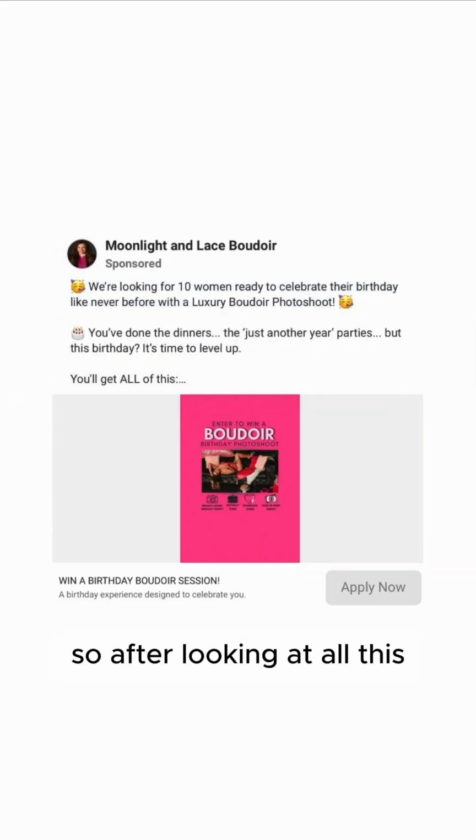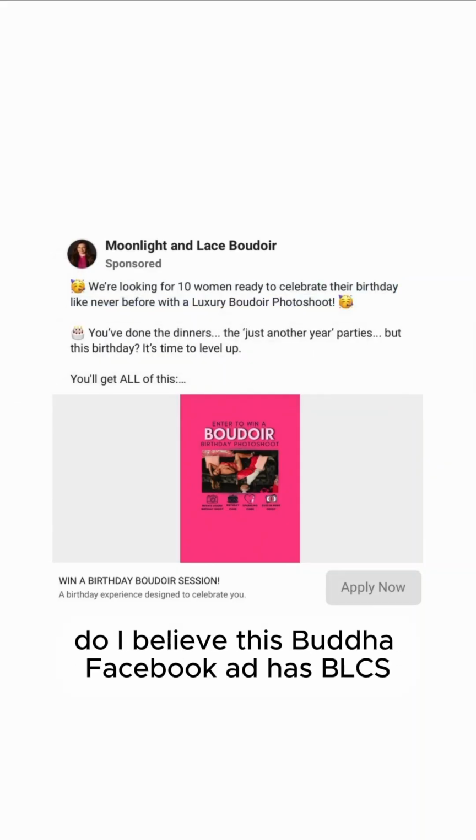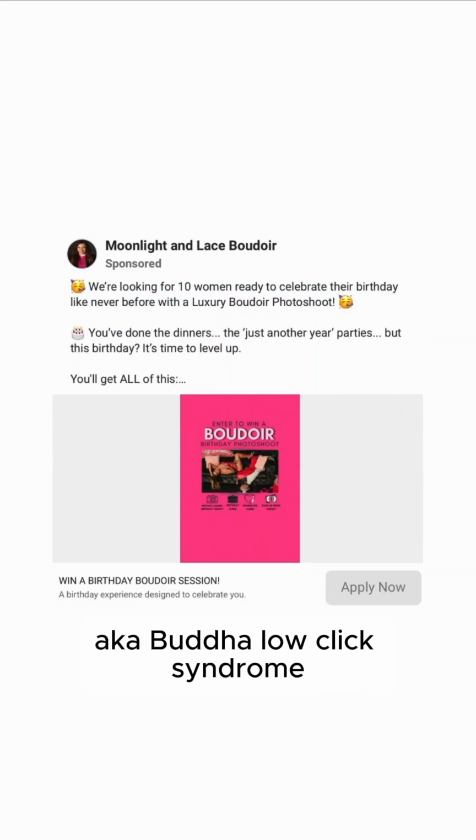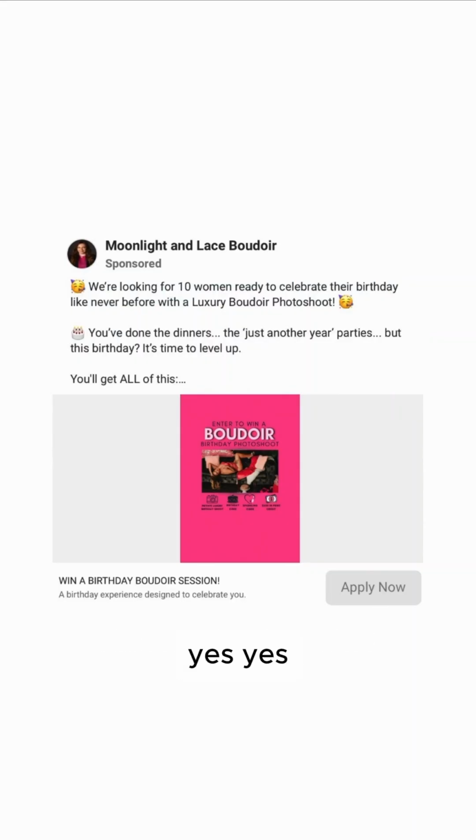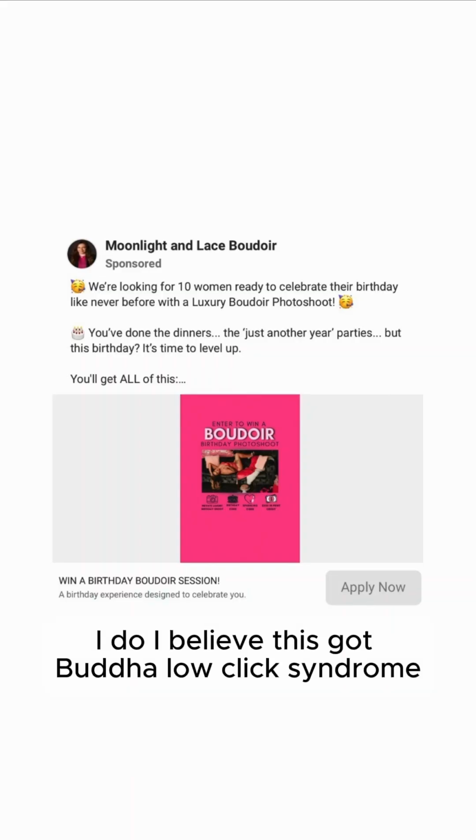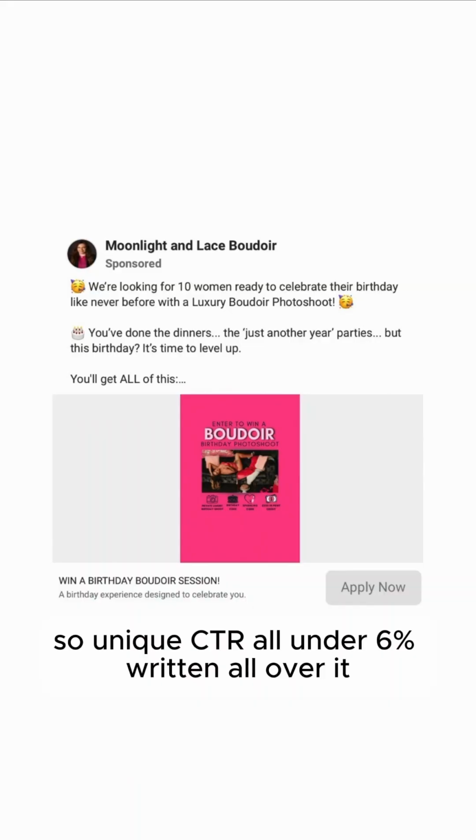So after looking at all this, do I believe this Boudoir Facebook ad has BLCS, aka Boudoir low click syndrome? Yes, I do. I believe this has got Boudoir low click syndrome. Unique CTR under 6% written all over it.